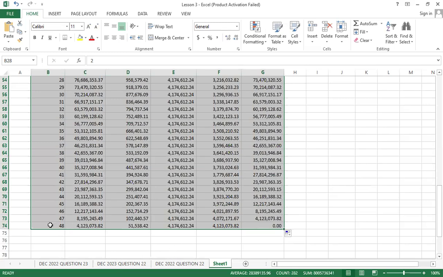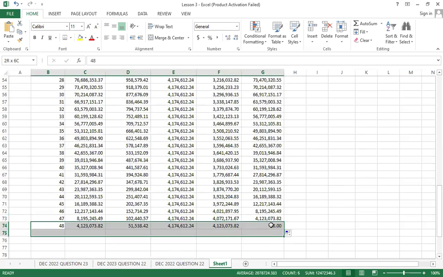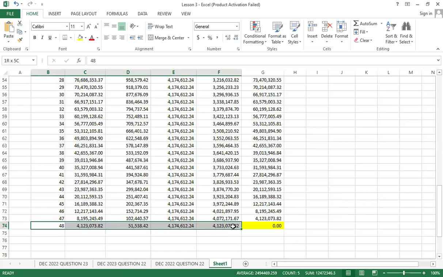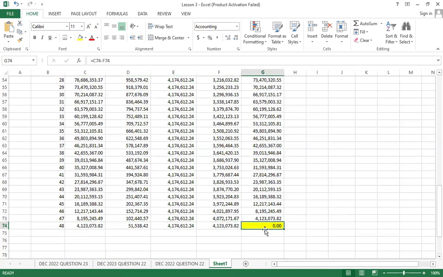And when I get to the 48th month, pay attention to the balance carried forward. Remember that at the end of the 48th month, the loan has been repaid fully, and so you cannot have a closing balance.